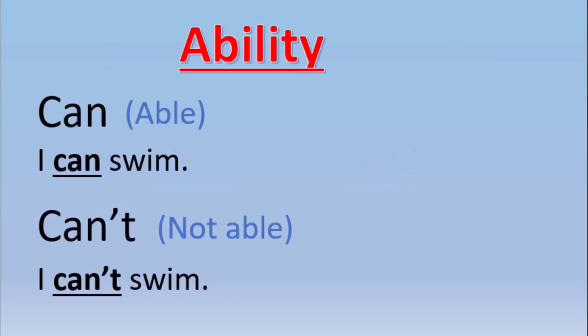Let's look at the ability of can and can't. Can. I can swim. This means I am able to swim. Can't. I can't swim. That means I am unable to swim.